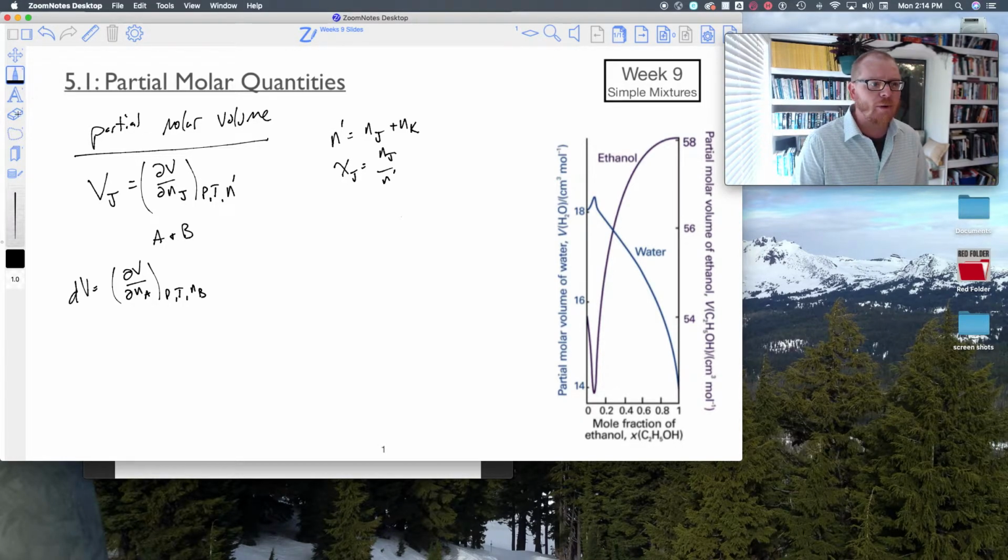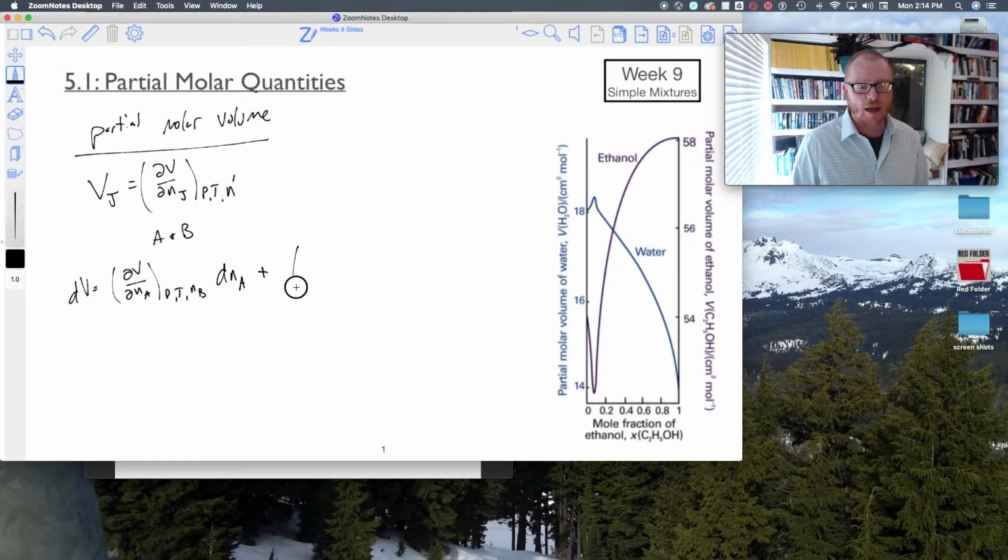And then actually, you know what? I'm realizing this is probably getting confusing. So let's get rid of this and we'll stick to this notation. So for partial of NA, we're going to hold NB constant, and then it'll be that case for the other partial derivative. And then dNA.